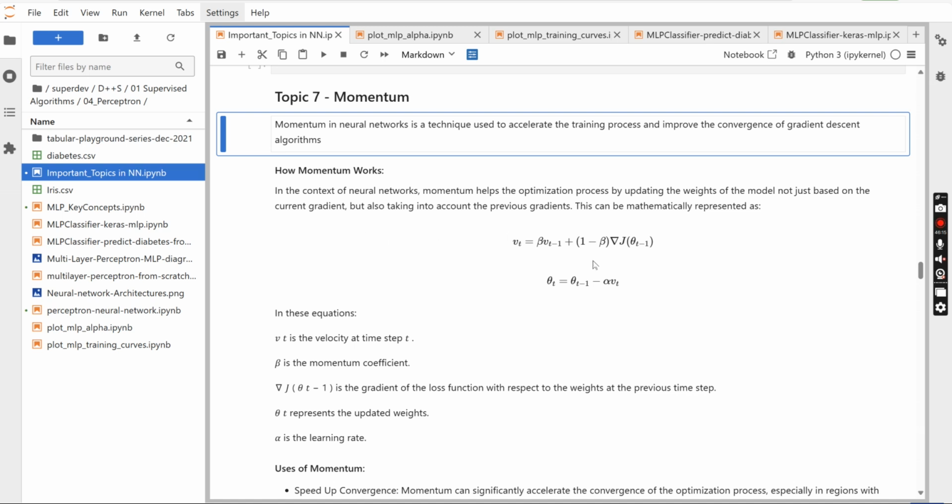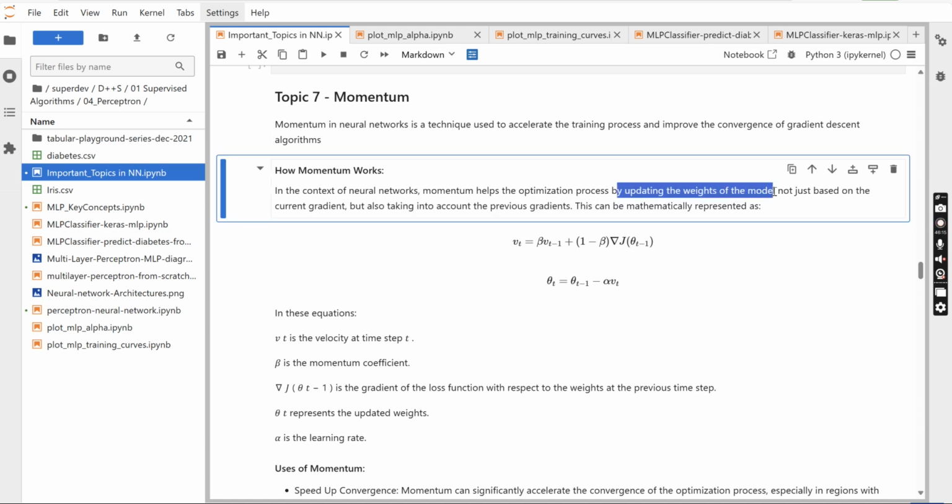While you are updating the weights, you are not only considering the current gradients, you are also taking the previous gradients into account. See, J is the cost function, theta is the slope or the weight, and beta is the step that you are taking.